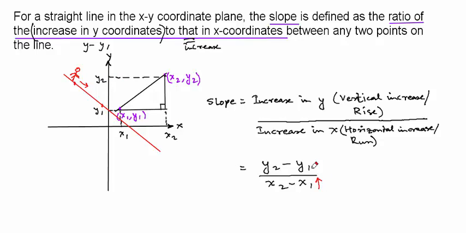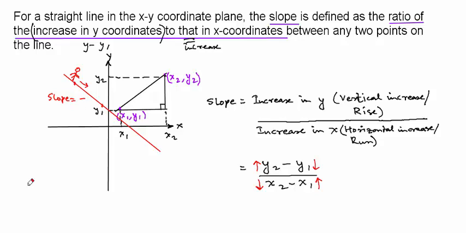So when this increases, this decreases. And when y increases, I'm moving in the negative x direction, which means x is decreasing. Therefore, the slope of this straight line is negative.